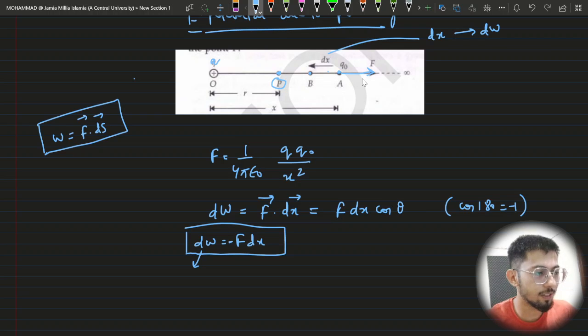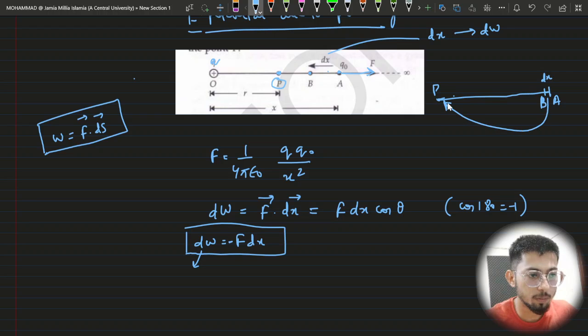This is my bad, this small distance is just for illustration purpose. This is a small distance dx. This is P, this is B, this is A. This is very small. You need to move to this point, no? So we can add each one of those small works and then move to P, because this is a small work done.